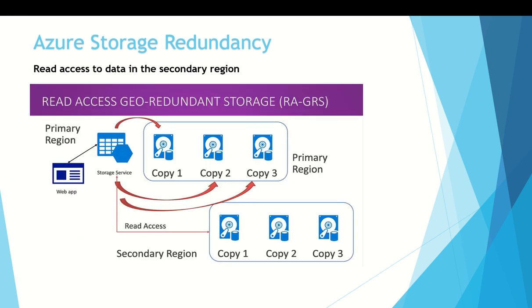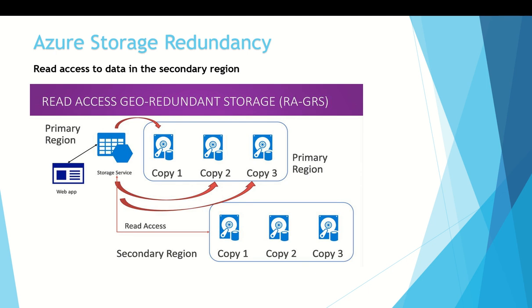So next comes read access to data in the secondary region. Geo redundant storage with GRS or GZRS replicates your data to another physical location in the secondary region to protect against regional outages.